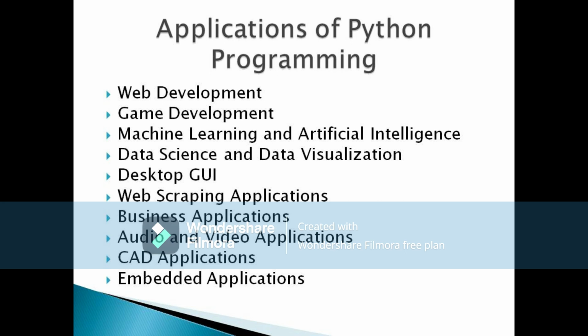Then comes the next application, machine learning and artificial intelligence. I already told you about machine learning and artificial intelligence in our programming related applications also. Some of the most promising careers for the future are there in data science.